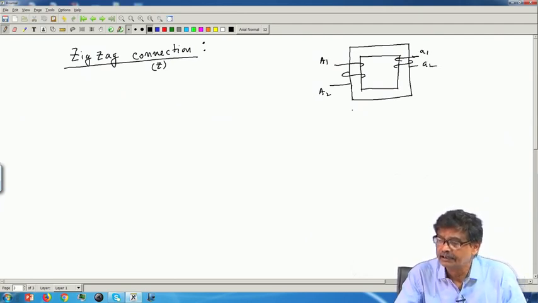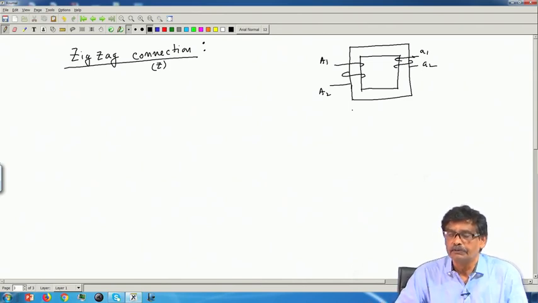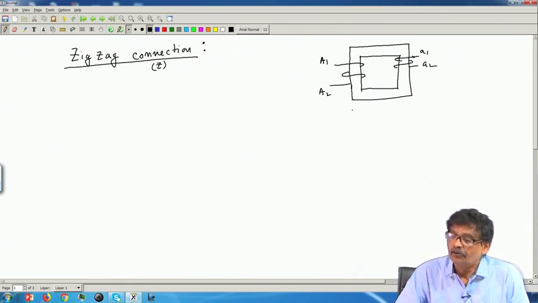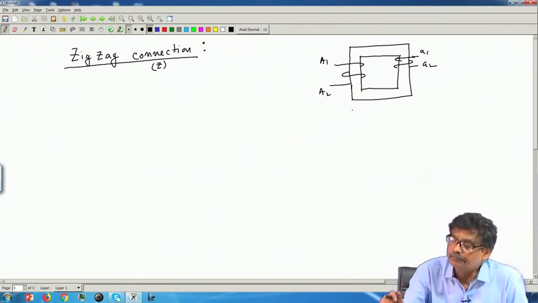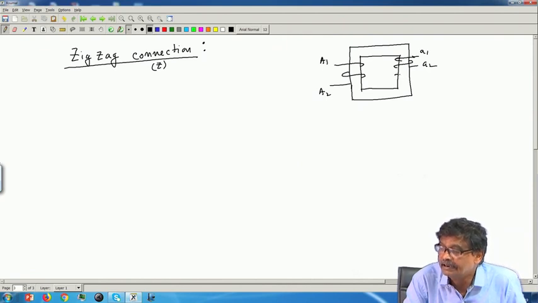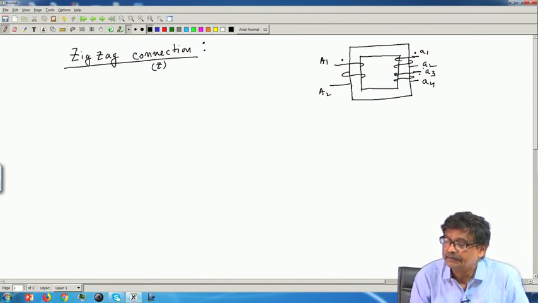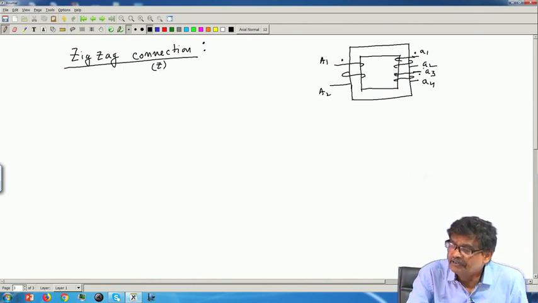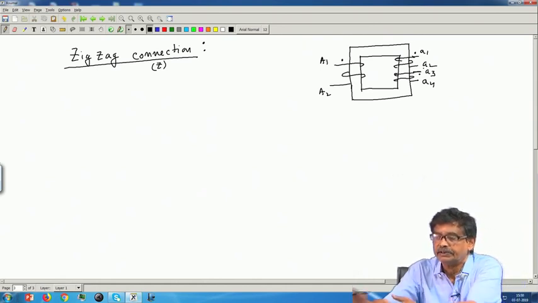And similarly another transformer with B1 B2, small b1 b2. But in this case, to carry out zigzag connection, for each primary phase you must have 2 identical secondary coils. This connection is very interesting, a3 a4, and I will say that all odd numbered terminals are dots. Similarly for B phase and C phase, which I am not drawing, 3 single phase transformers.